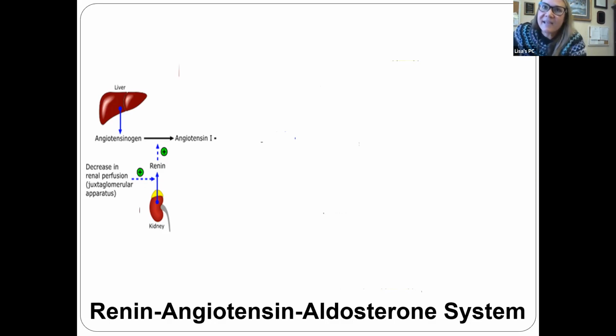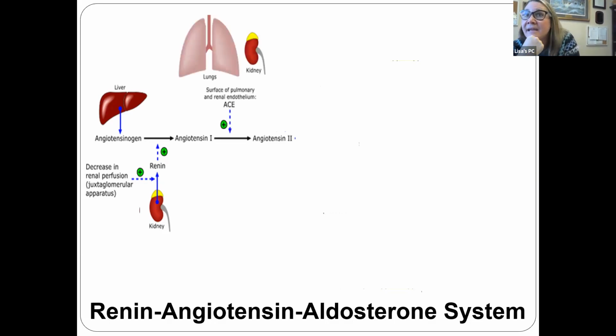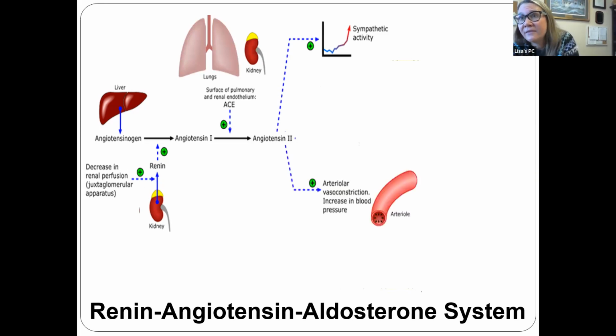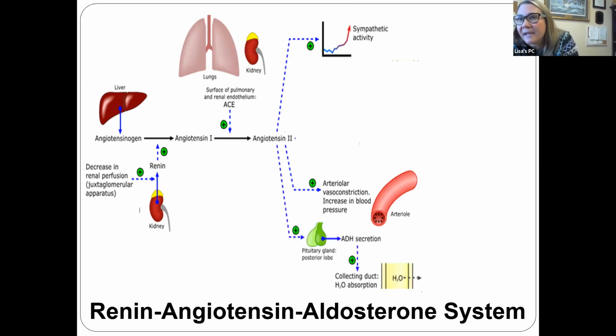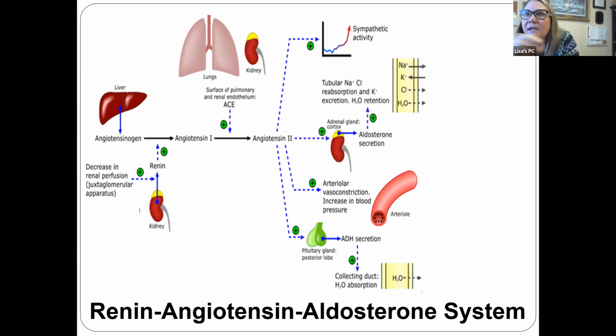So, angiotensinogen is converted to angiotensin 1. And then ACE from the lungs converts angiotensin 1 to angiotensin 2. Angiotensin 2 acts to increase sympathetic activity, cause arteriolar vasoconstriction, and thus increase blood pressure. It also acts at the level of the pituitary and causes ADH secretion, which can increase water reabsorption from the collecting duct of the kidney.